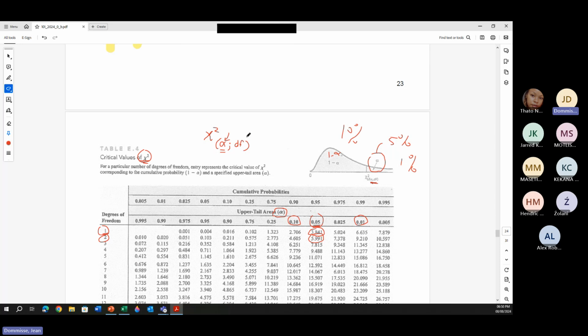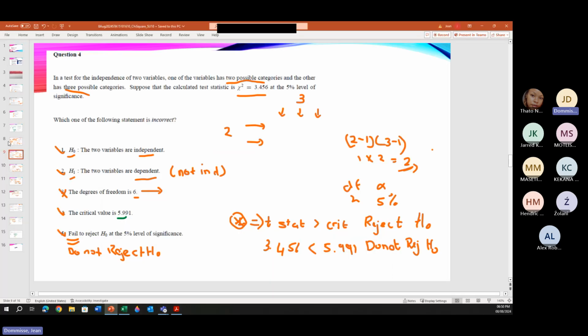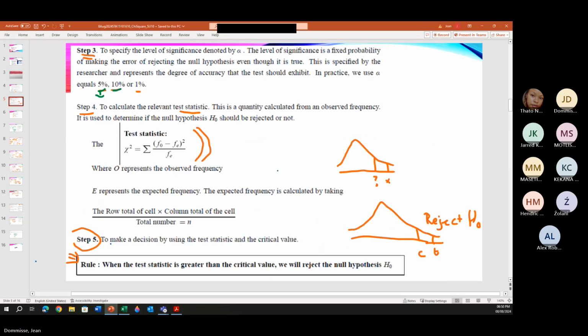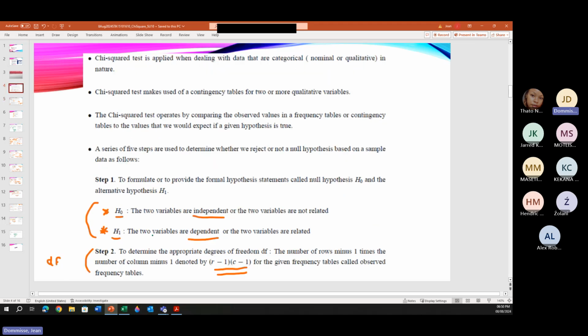Yes, the degrees of freedom is also a bit different. The degrees of freedom we work out with the formula of rows minus 1, columns minus 1, where the degrees of freedom in your T distribution was n minus 1. So just remember that's also a difference.